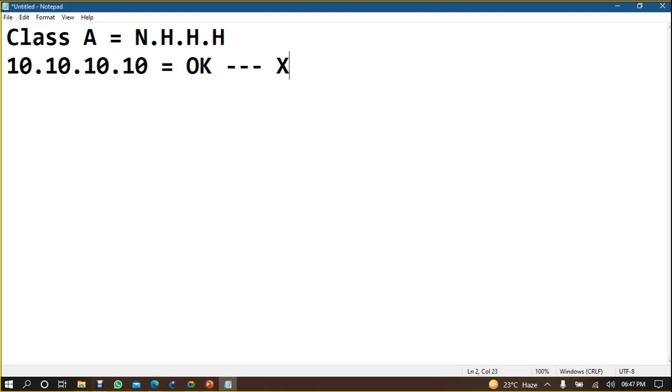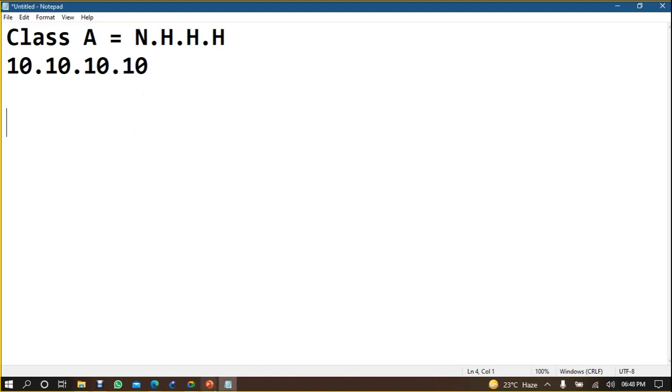No. Why? I cannot assign 10.10.10.10 in my computer? We can assign. Yes, it's a correct IP address, no problem in that.